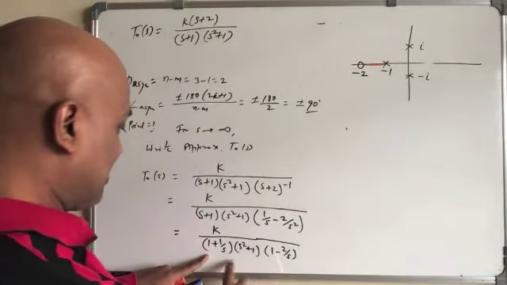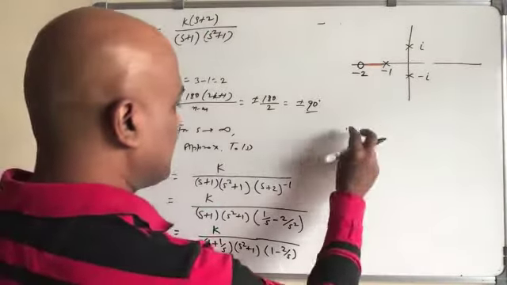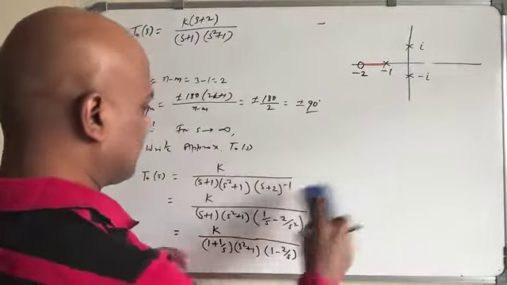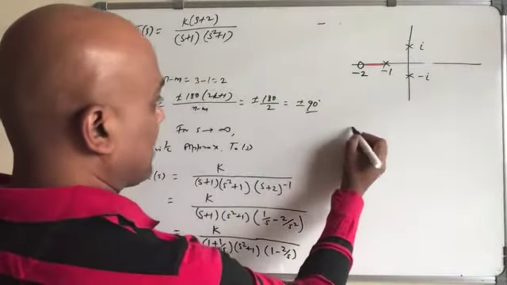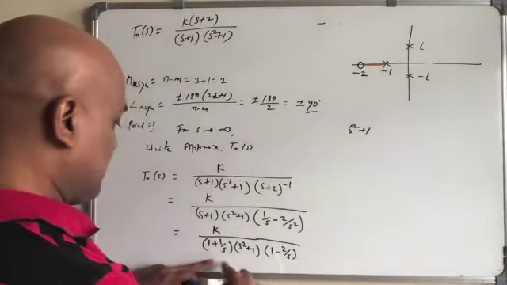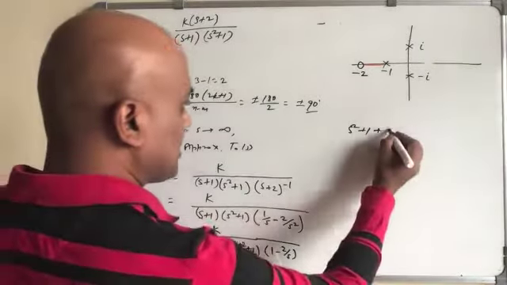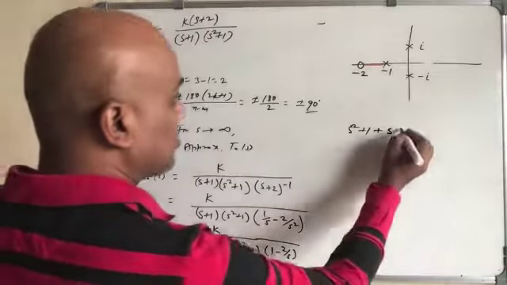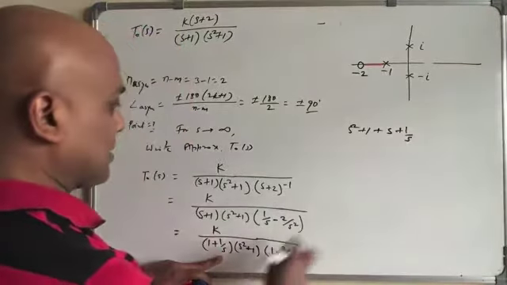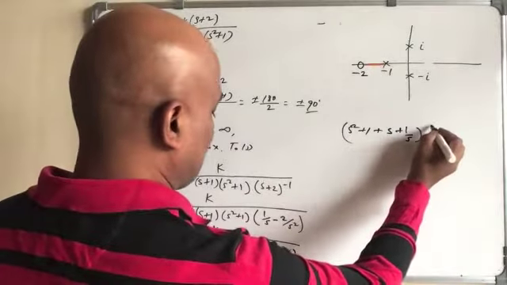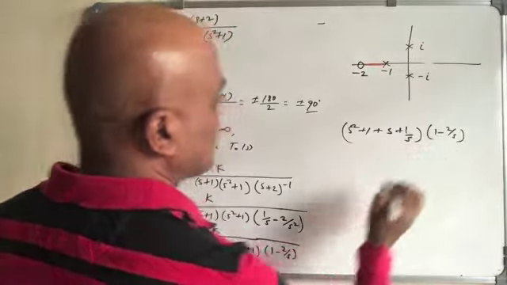So if we work this out, this multiplied by this, we get s square plus 1 here, and then plus s, and then plus 1 over s. Then we have to multiply by 1 minus 2s.